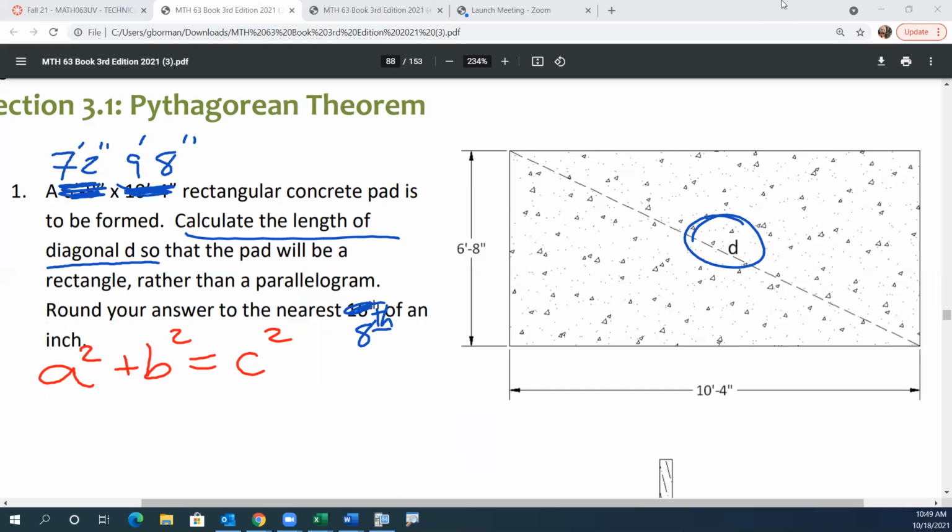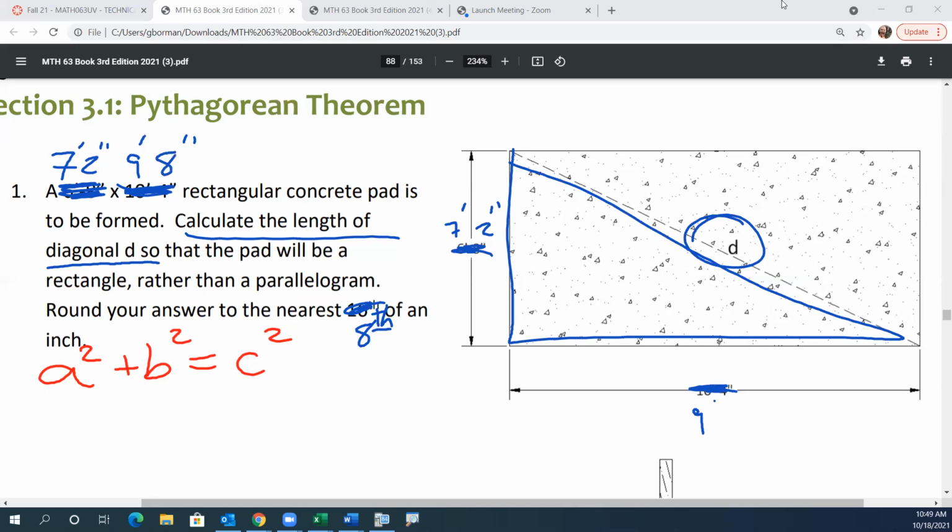So we have a right triangle right there, and we know the lengths are 7'2" and 9'8". Let's plug them into the formula, because those are both the legs, because those two sides form the 90-degree angle. We're looking for the hypotenuse, the longest side. That would be our C in the formula.